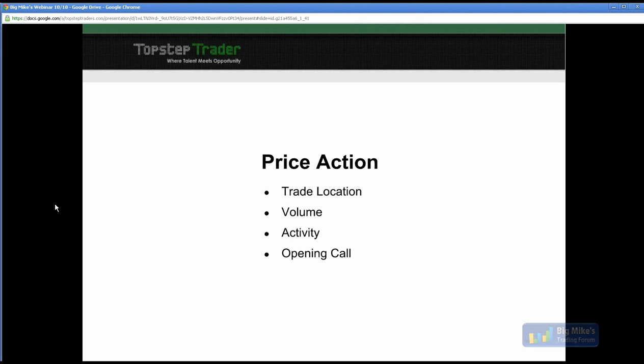The opening call, I think, is a really good example of price action and being able to see what kind of activity is coming into the market. In the brief period, maybe the 3 minutes before the open, you might be able to see evidence of aggressive other time frame control. You could see the market rally or weaken in the few minutes before the opening bell.